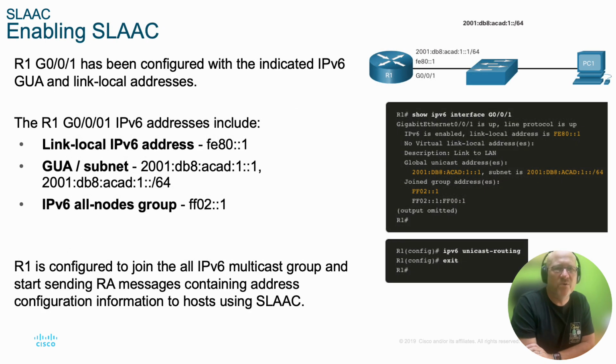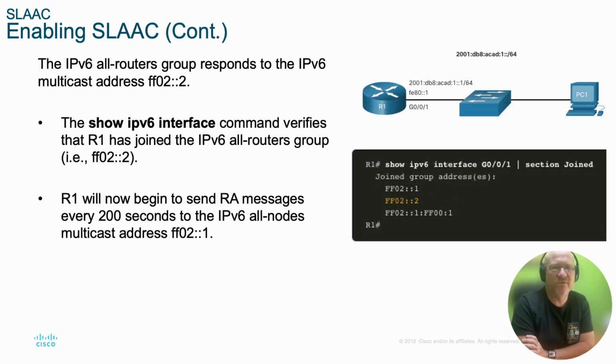To enable SLAAC, you've got to set up both the link local and the unicast address on a network so that it will actually take place, but you must configure on the router itself the IPv6 unicast routing. So based on the normal config, you've got to set up unicast routing so that SLAAC will communicate, and then it will allow that to become a routable IPv6 address.